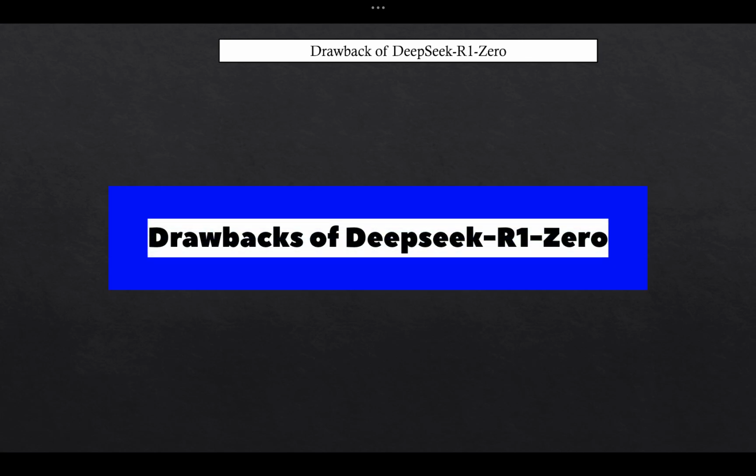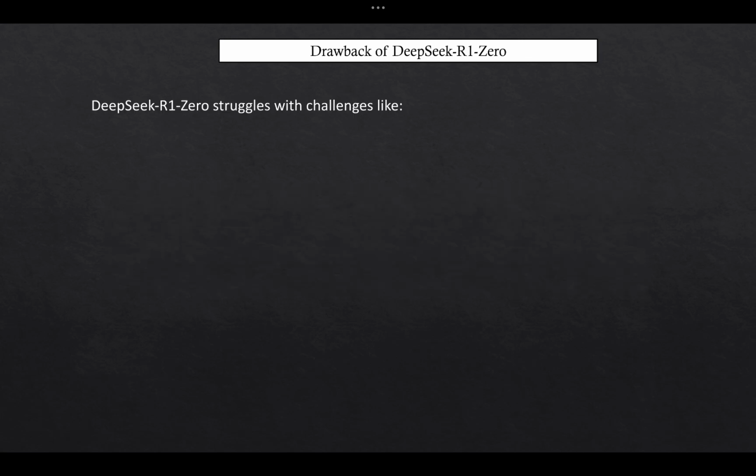This also has a few drawbacks. This DeepSeek R1-Zero does well in terms of reasoning, but it struggles with a few challenges. One of them is that the output being generated has very poor readability, and there is also a problem of language mixing, right?